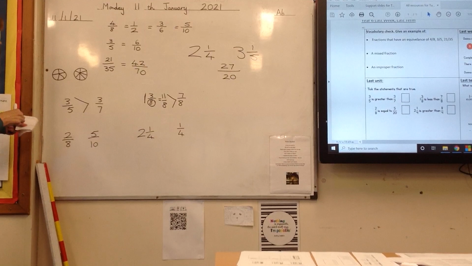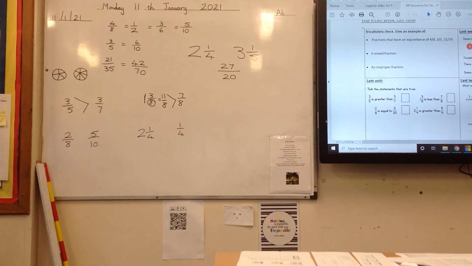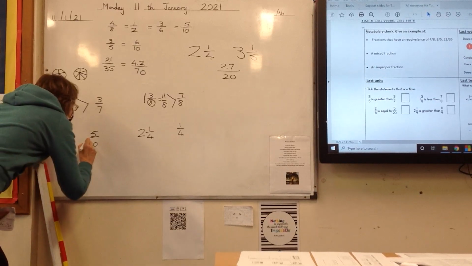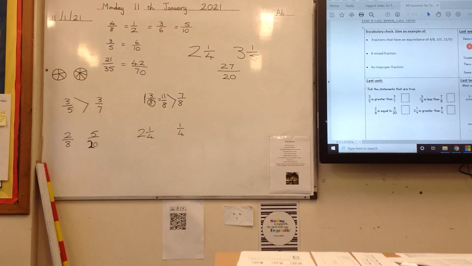Good. Okay, we've got 2/8 and we've got 5/20. What would be the best way to compare those two? It's 5/20. Oh, sorry, is it 5/20? Yeah. Beg your pardon? I thought that was a nice easy question. Right, okay. What would be the best way to compare those?